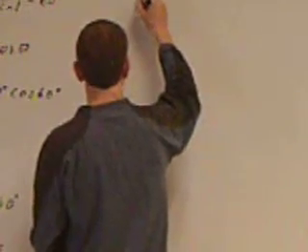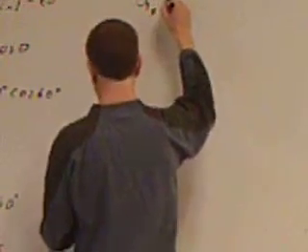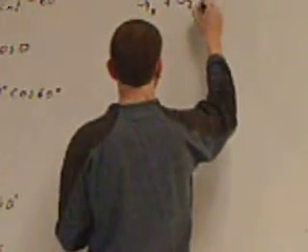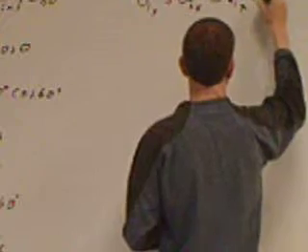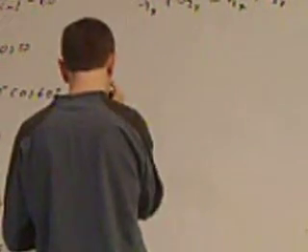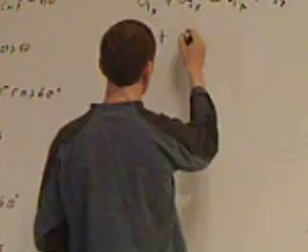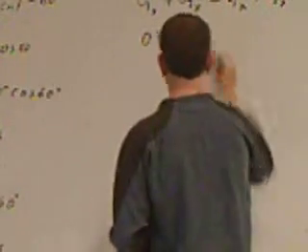So what I want here is u1 sub x plus u2 sub x. That's momentum in the x beforehand, with the masses dropped out. It should equal v1 sub x plus v2 sub x. This is pretty trivial. Most of you should remember this from lab. So what is u1 sub x? 0. And what is u2 sub x? Also 0. We're not going anywhere in the x. And what is v1 sub x?